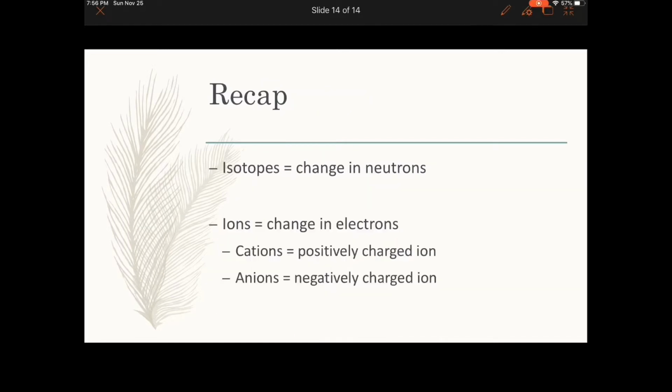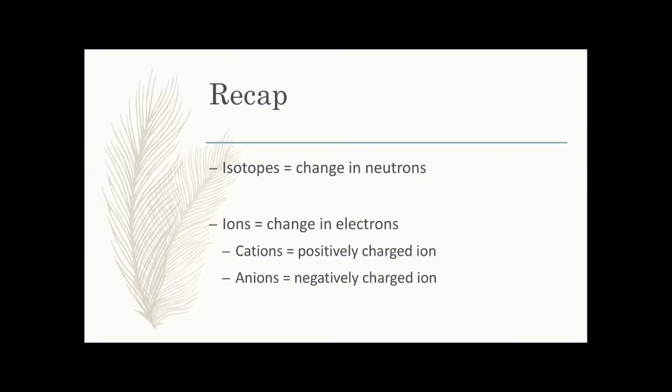All right, but some things to remember are that isotopes are a change in the neutrons and nothing else. Ions are a change in the electrons, either gaining or losing electrons. So cations, these are positively charged ions. This means they lost electrons.